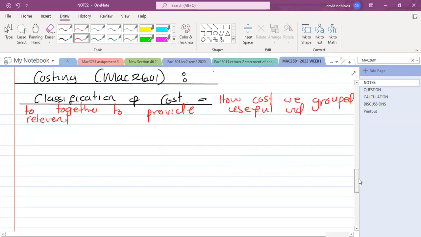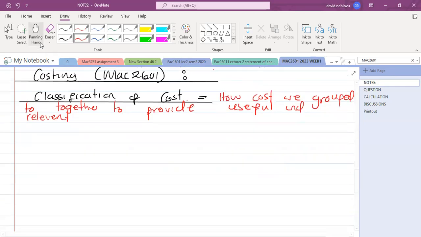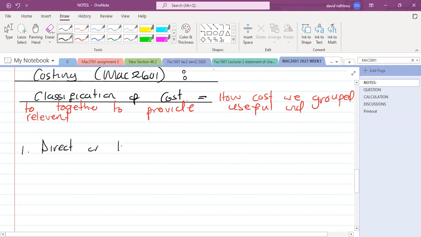There are 3 main classifications of costs. Classification number 1 is direct or indirect costs. It is very important to understand what these terms mean. We have what we call a direct cost, and we have what we call an indirect cost. So I'll start with a direct cost.